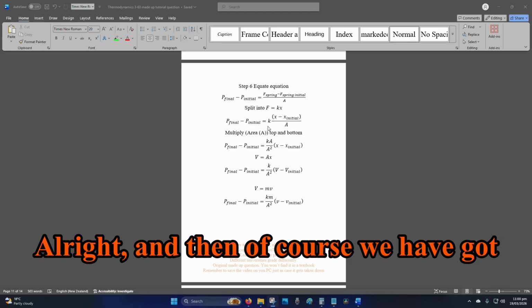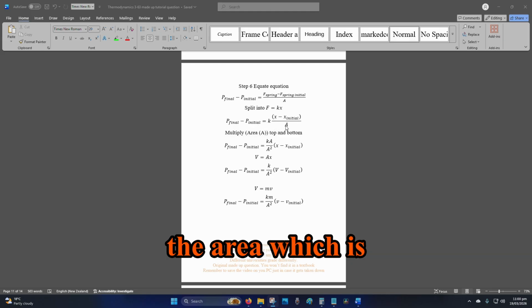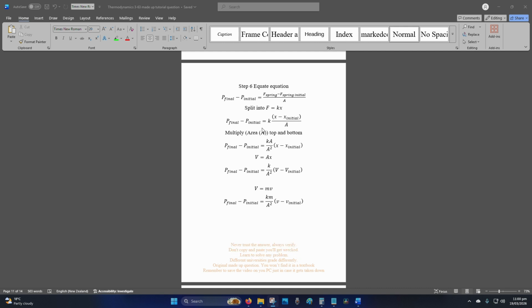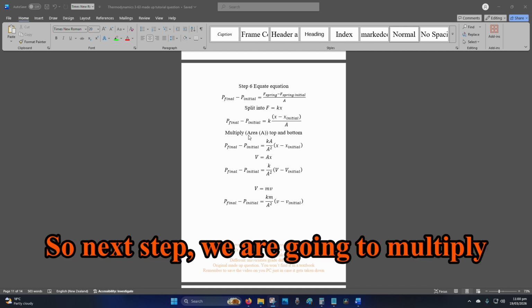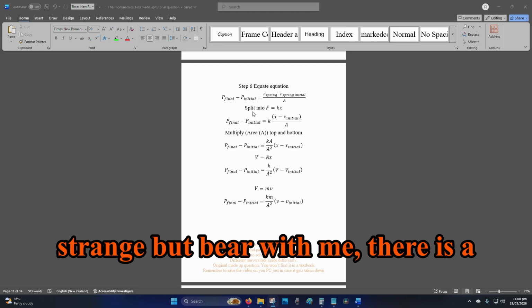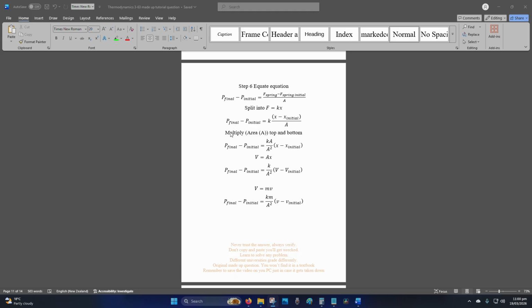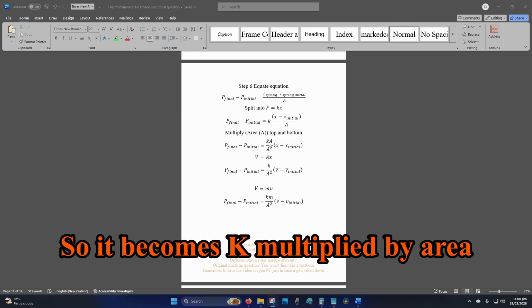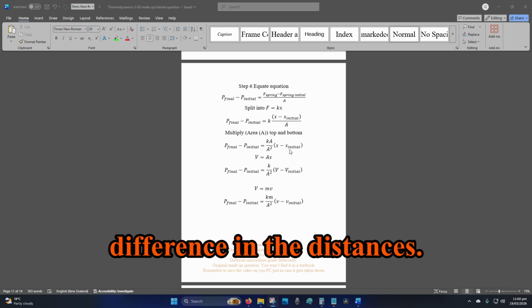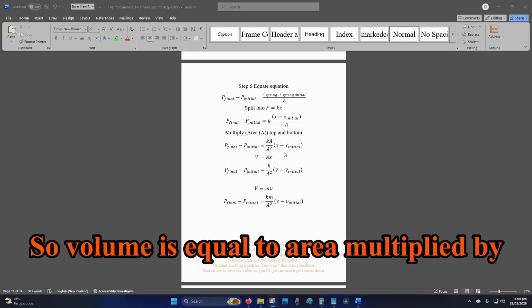Then of course we've got the area, which is unchanged at the denominator. So next step, we're going to multiply the area top and bottom. That seems strange, but bear with me, there is a reason why we do that. So it becomes k multiplied by area divided by area squared multiplied by the difference in the distances.